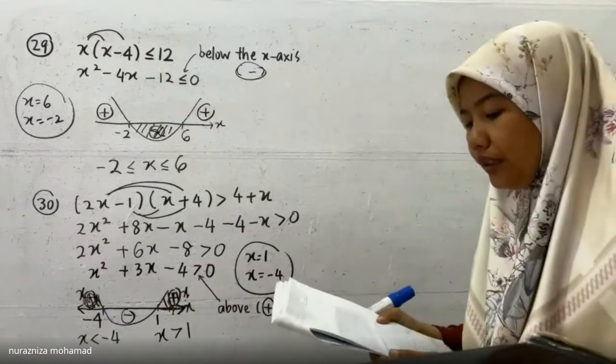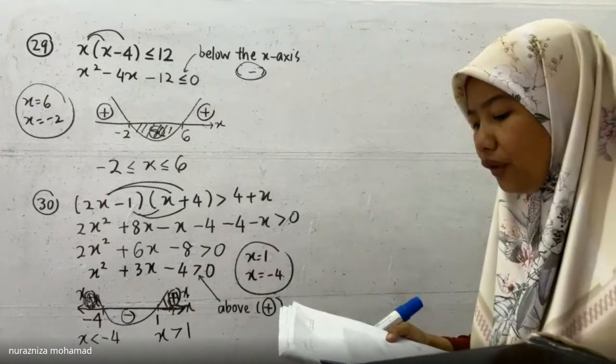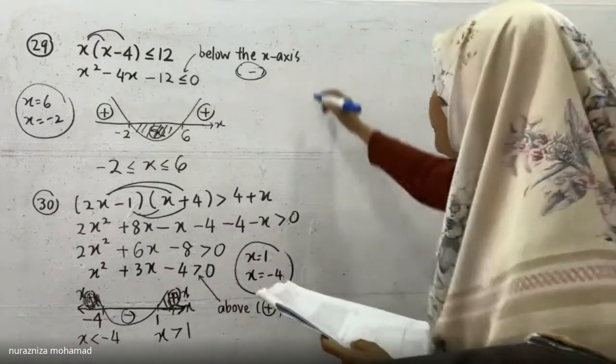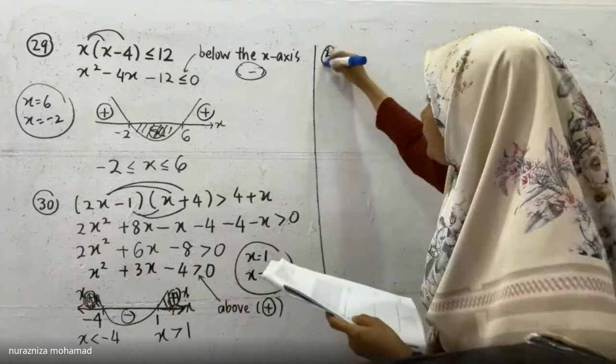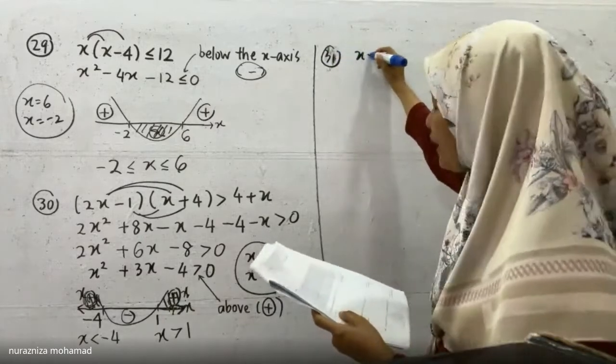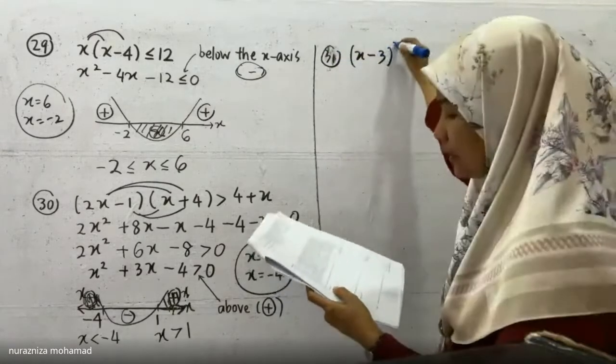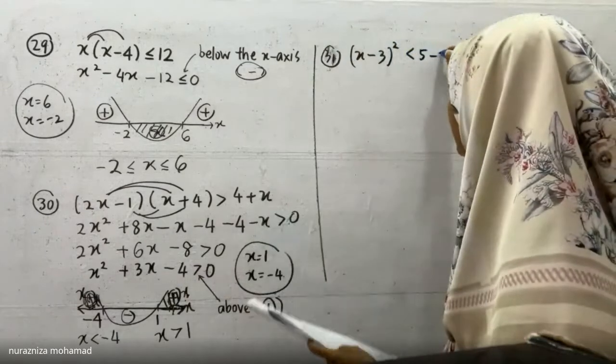Alright, now 31. Find the range of value of x for x minus 3 squared less than 5 minus x.